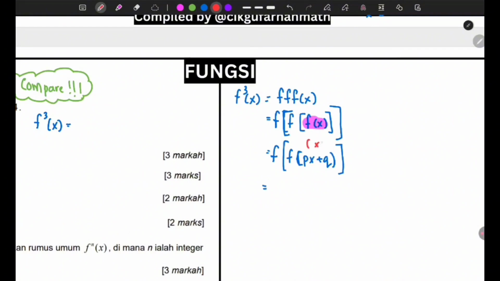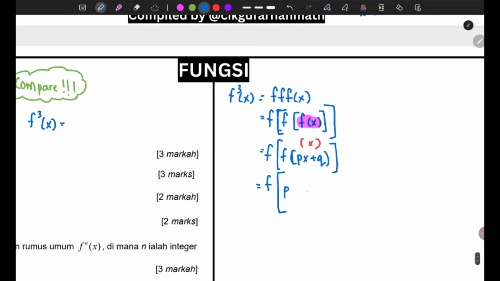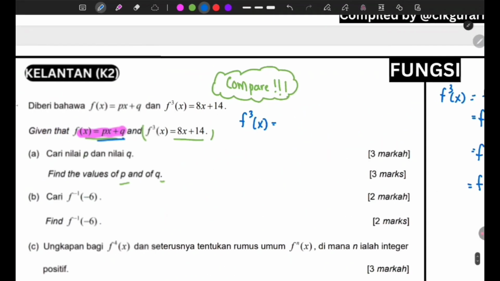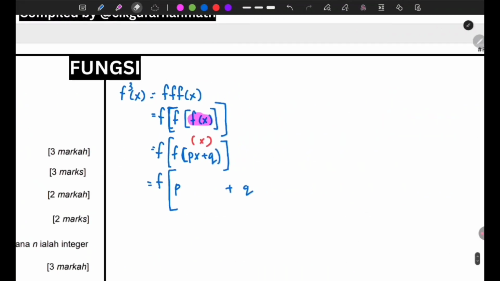You substitute inside another f(x). So big F, don't forget to substitute. What's your f(x)? px plus q. And what is your x now? px plus q, right? So substitute with px plus q. It's like substituting 3 times inside the same equation to the x value.